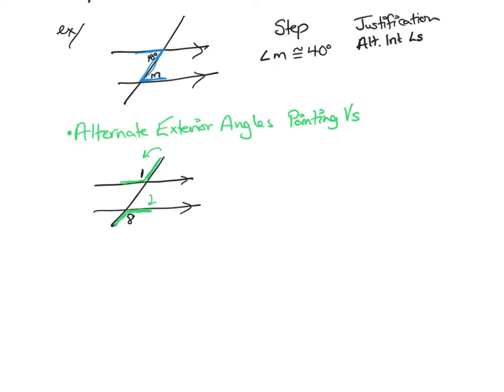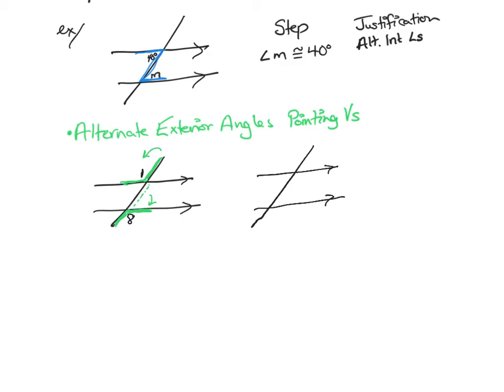So you can see that if you put these together here, they would be sharing the same vertex, but they're on alternate, so outside sides to one another. But as we saw in the other example, you can also have the same situation on the opposite side of the transversal.